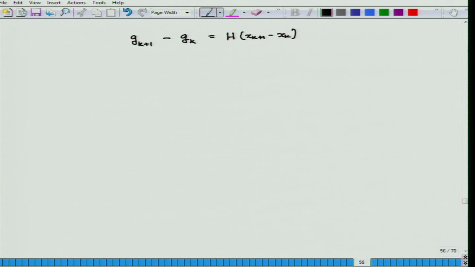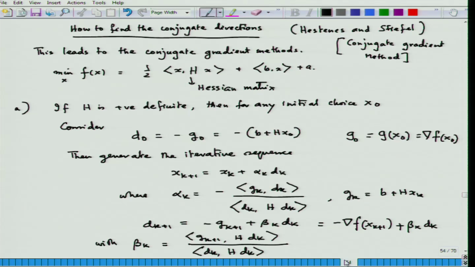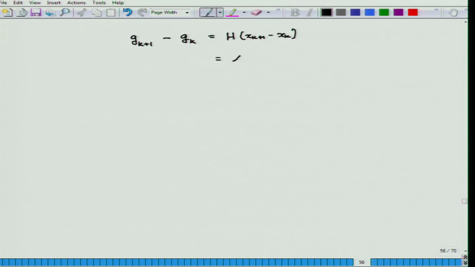Now, if I go back to this setup, x k plus 1 is written like this. So, x k plus 1 minus x k is alpha k d k. So, g k plus 1 minus g k is alpha k times h of d k, since x k plus 1 is x k plus alpha k d k.